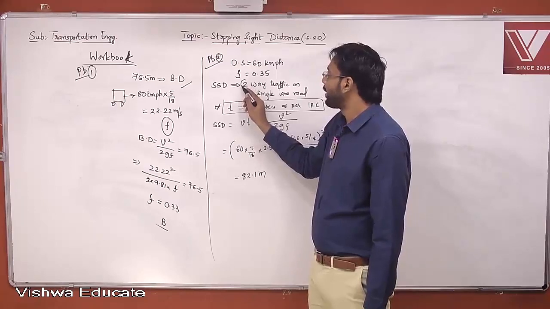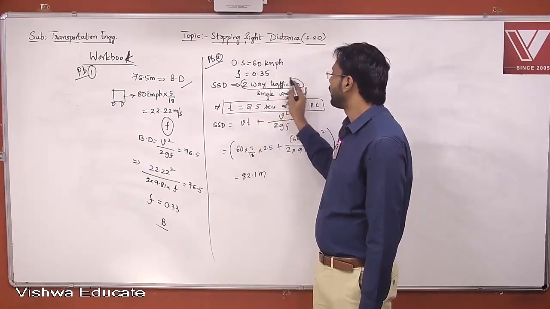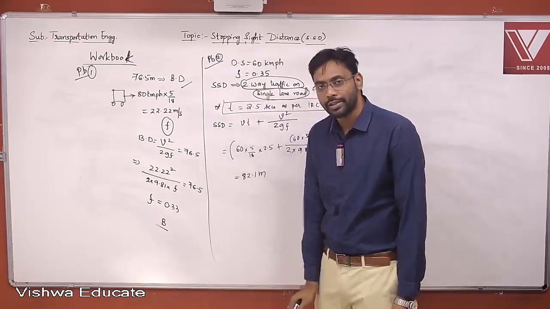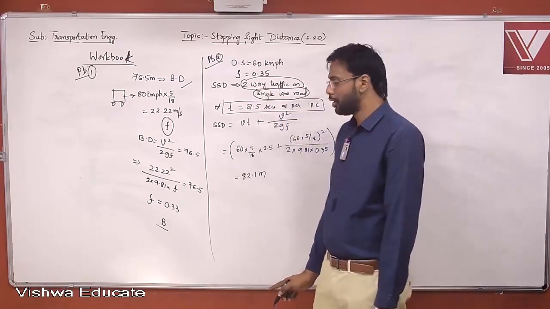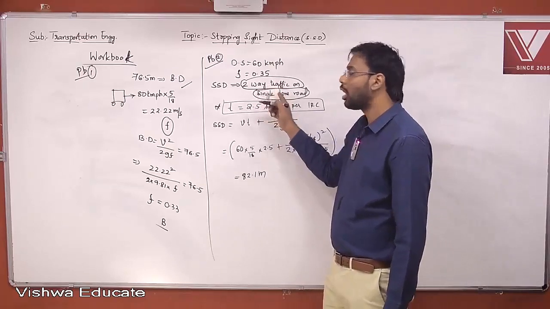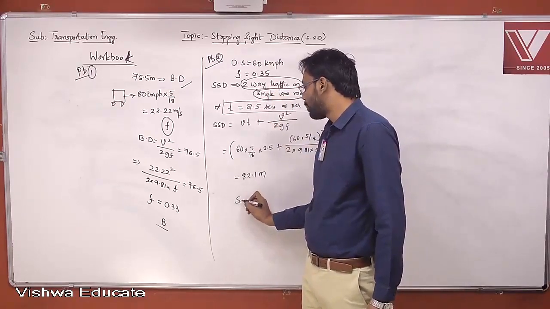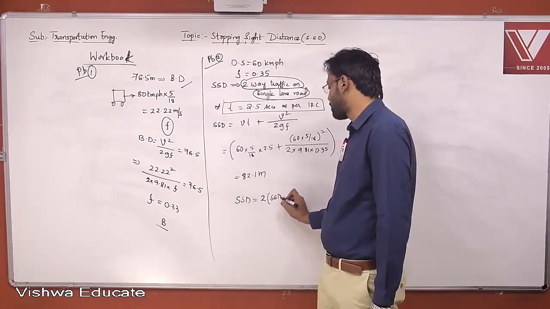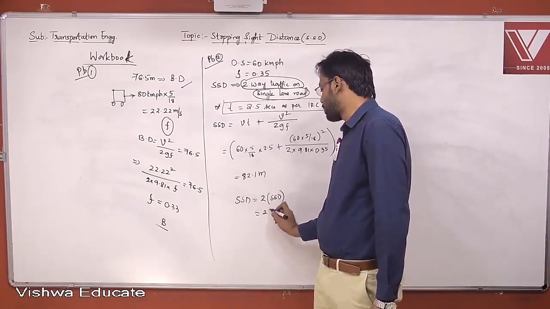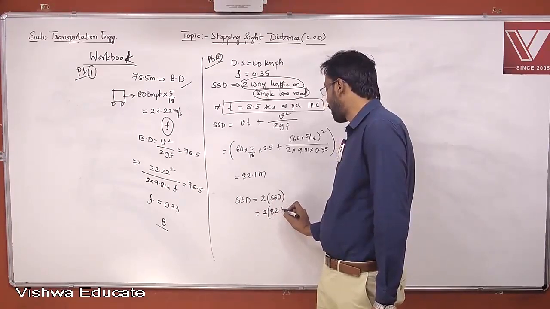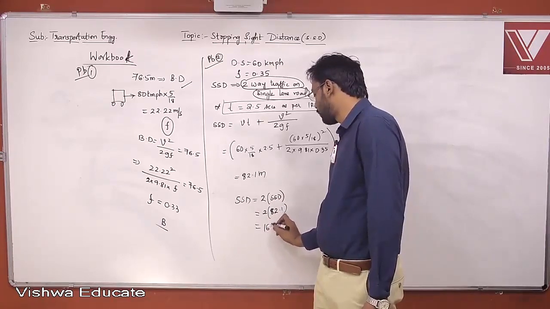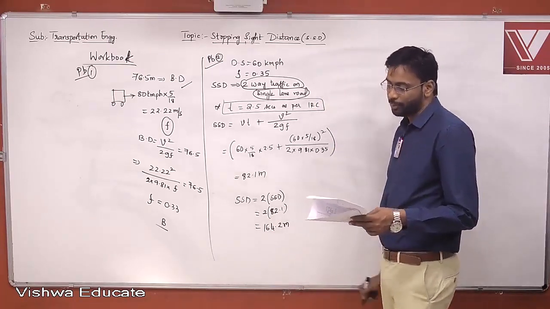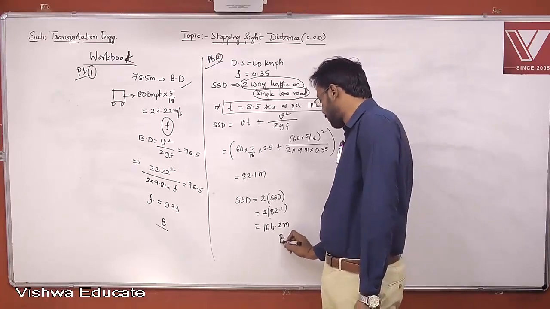We need to calculate the stopping sight distance for two-way traffic on a single lane road. We have seen the cases at the start of the session, right? For two-way traffic on a single lane road, stopping sight distance is equal to 2 times the stopping sight distance. So it is 2 times 82.1, that is 164.2 meters, which is given in option B.